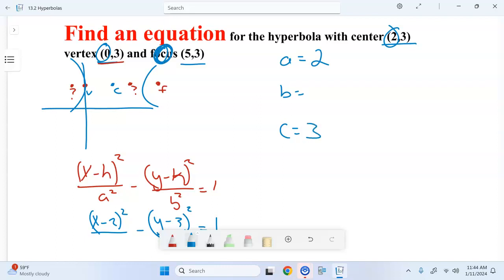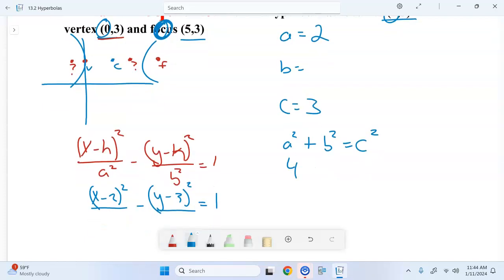How do we find B? A squared plus B squared is C squared. 4 plus B squared, 9, B squared equals 5. So B is the square root of 5. I don't really need square root of 5 because I'm going to put in B squared.